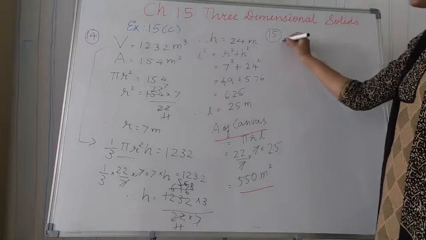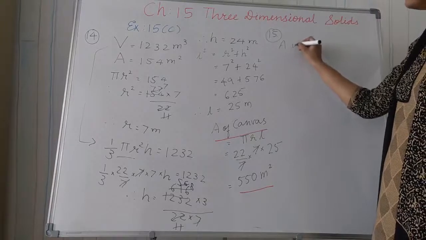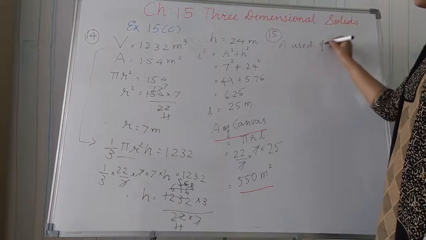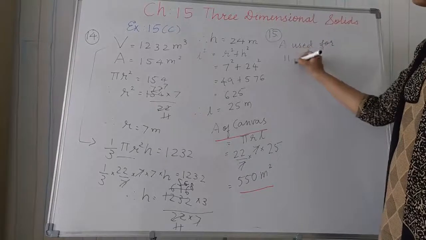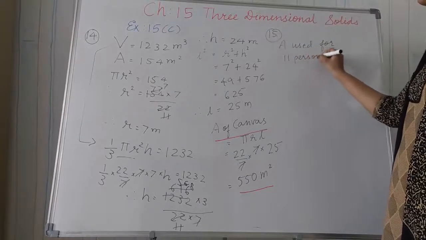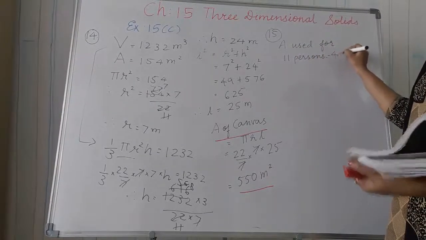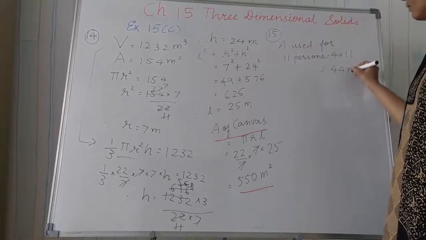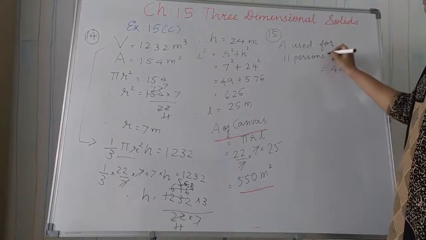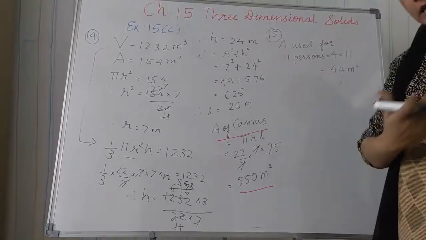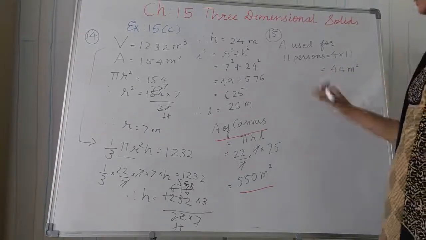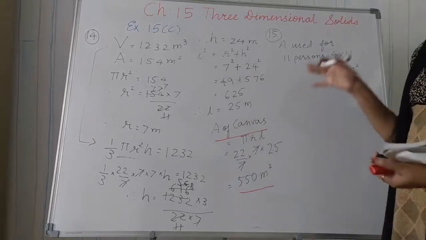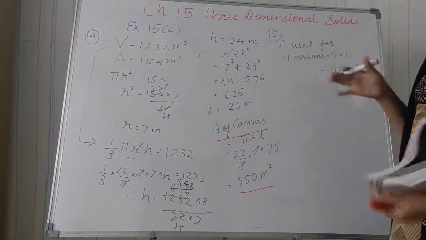So, we write the area used for 11 persons is equal to 4 multiplied by 11, because it is 4 meters square. So we get 44 meters square. This is the base area, which is of circle shape, right? Then it is also given that 20 meter cube.